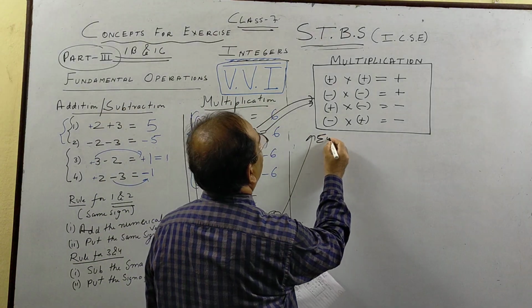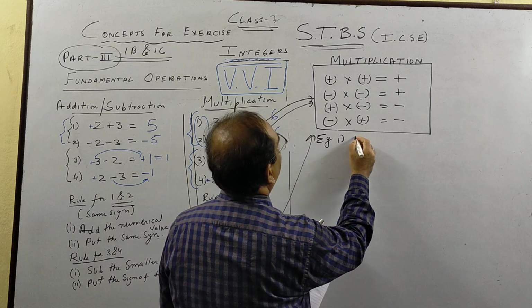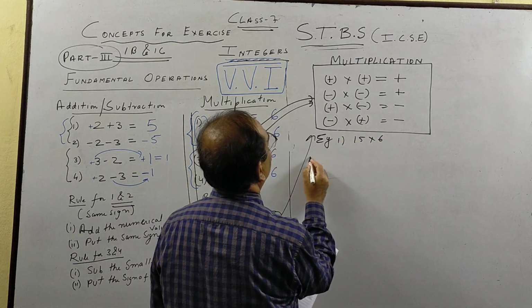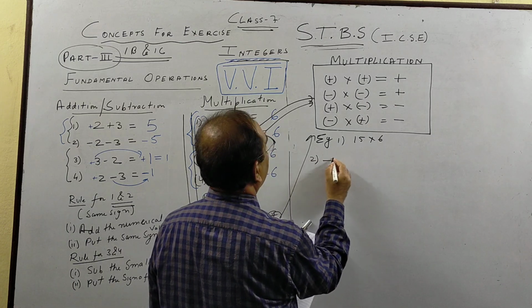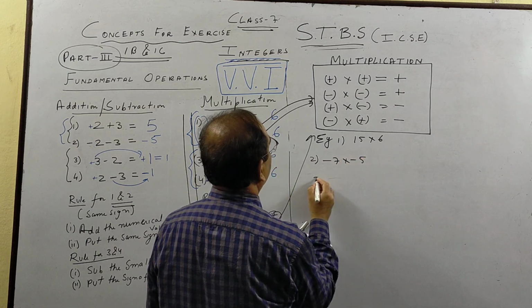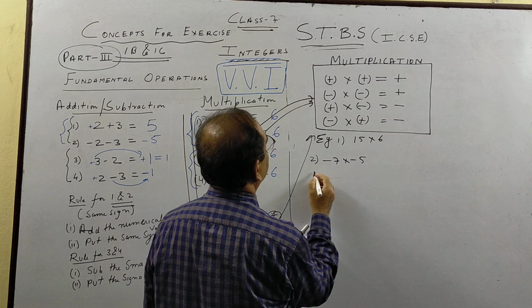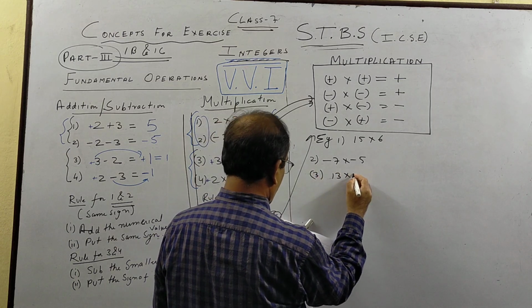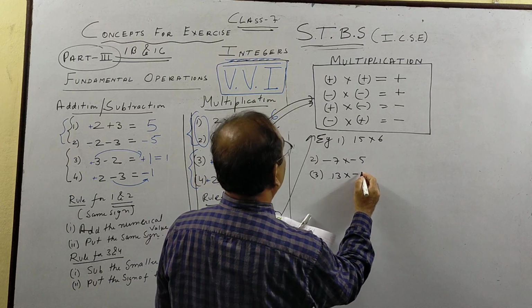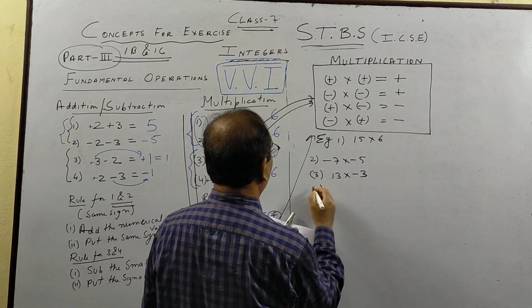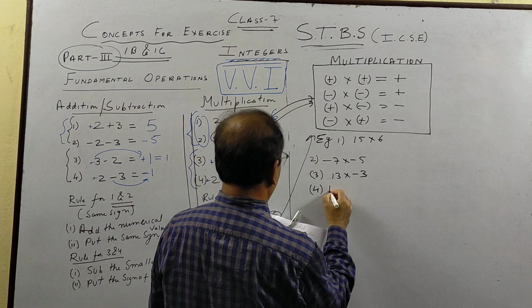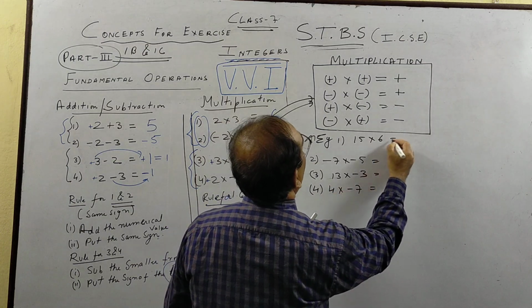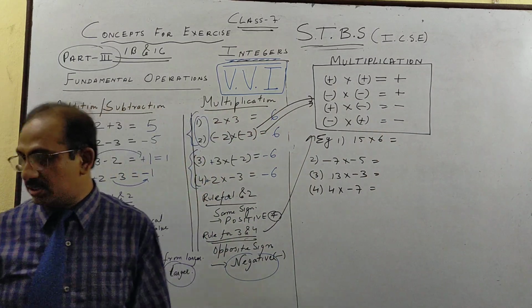Example number 1: 15 into 6. Number 2: minus 7 into minus 5. Number 3: 13 into minus 3. And 4: 4 into minus 7.